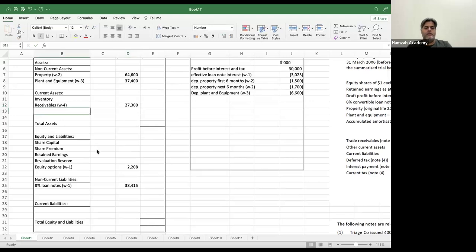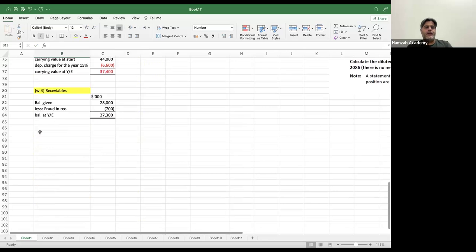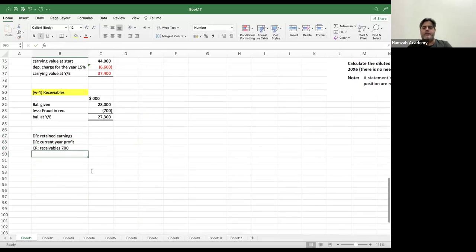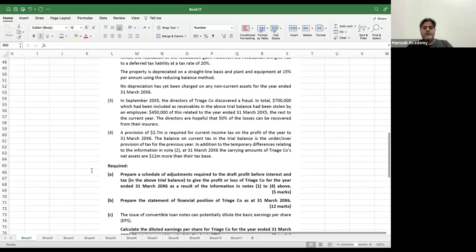Right? Now, as far as the debit half is concerned, some is related to the current year, some is related to the previous year. So over there, we will simply debit the retained earnings. We'll debit the current year profit and we'll credit the receivables by 700. Now, it says 450 related to the previous year and the remaining in the current year, right?